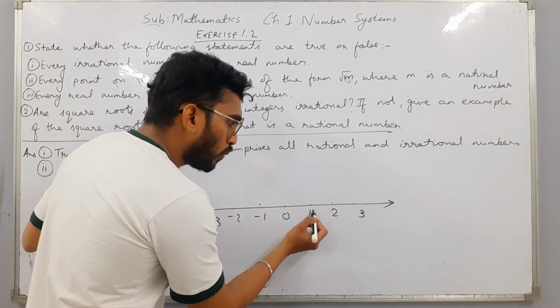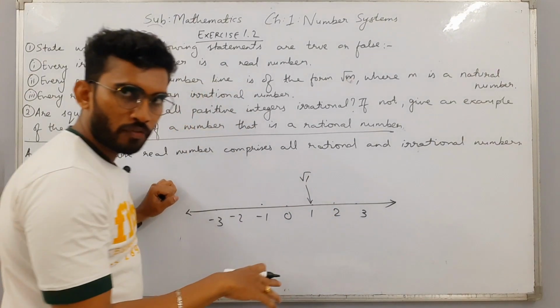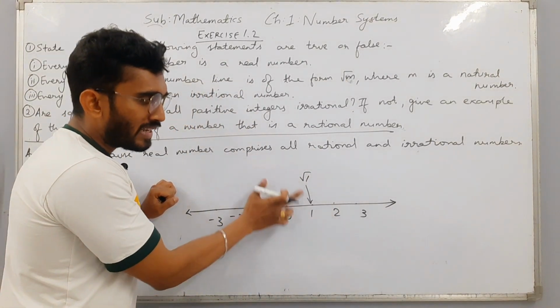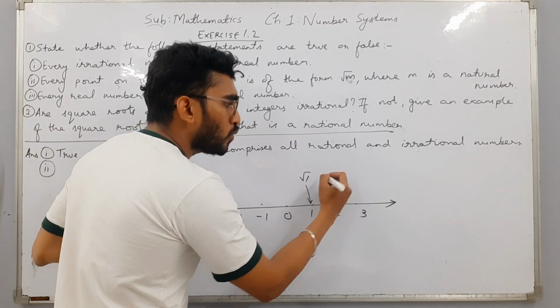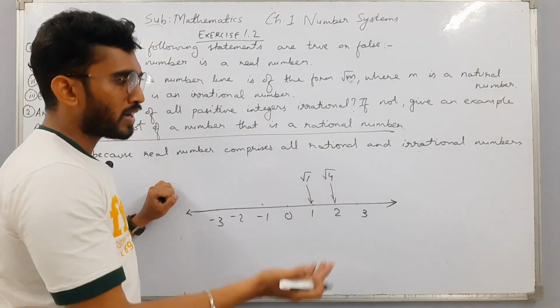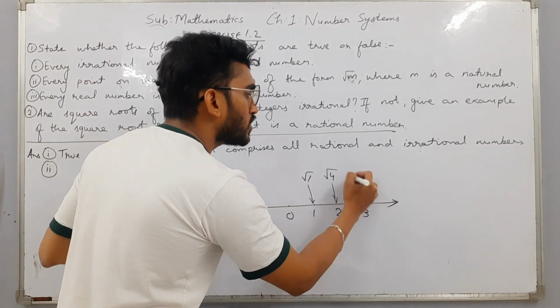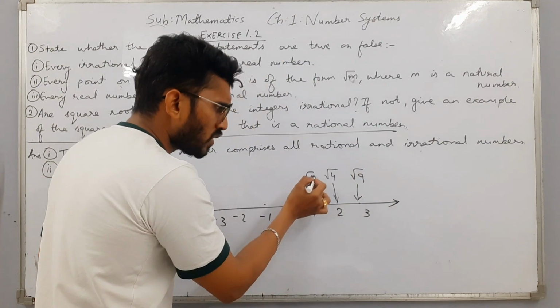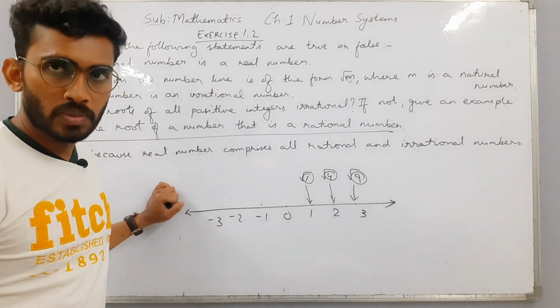If I take 1, I can write 1 as root 1, because the square root of 1 is 1. If I take 2, I can write 2 as root 4, because 2 squared is 4 and root 4 will be equal to 2. 3 can be written as root 9, where all these numbers 1, 4 and 9 are natural numbers.